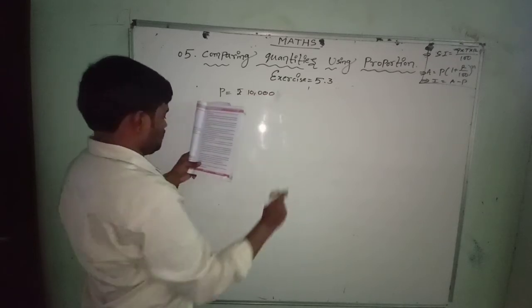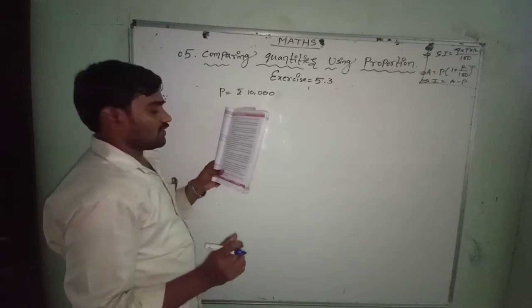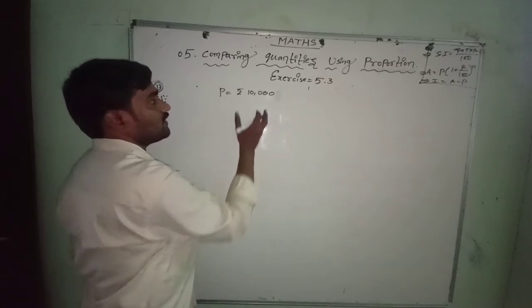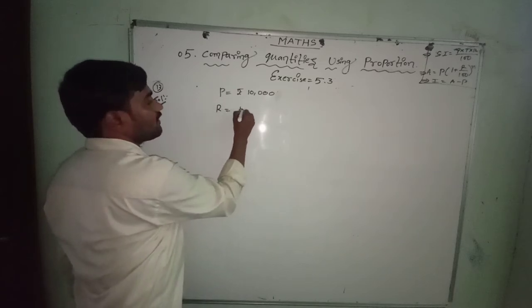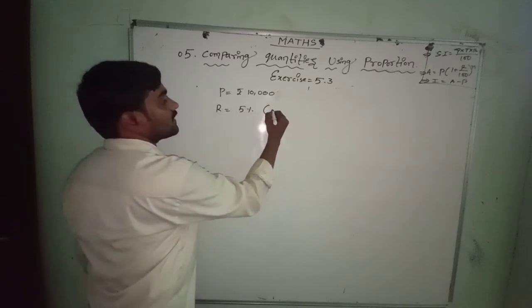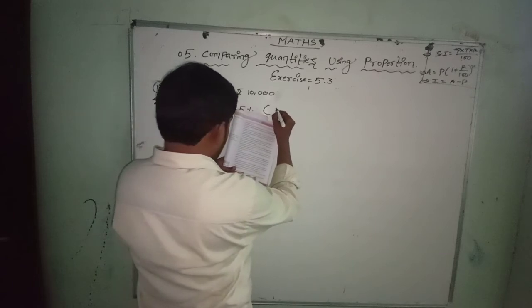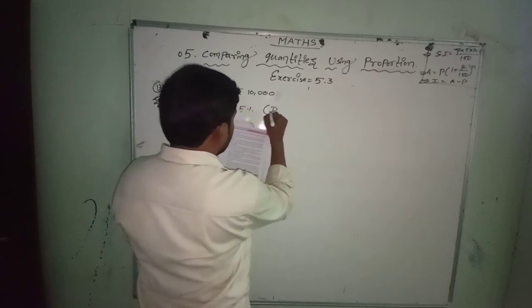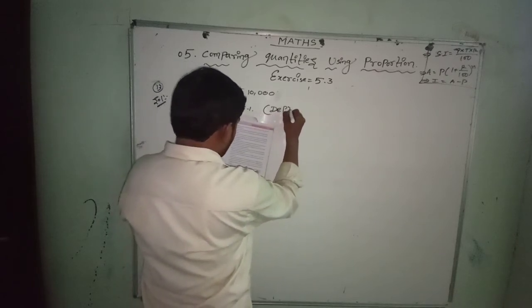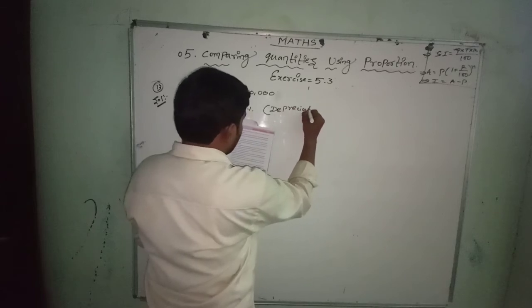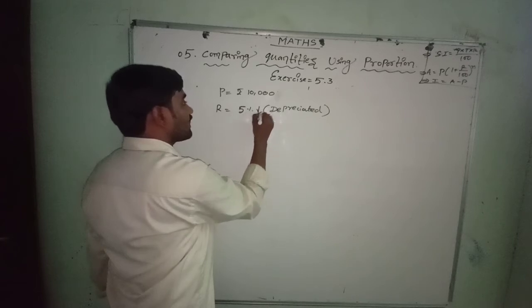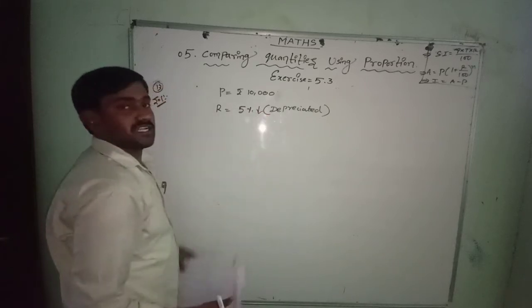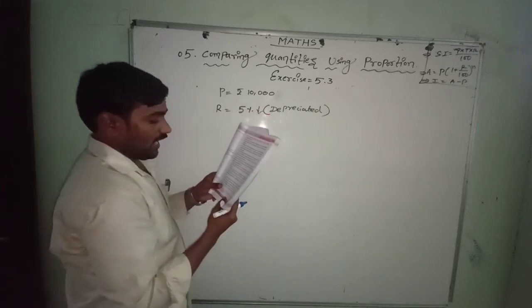A machine worth 10,000 was depreciated, that is, it decreased, at a rate of 5%. Here remember the word depreciated. Depreciated in the sense decreased. That's why I kept a minus arrow in the down direction.